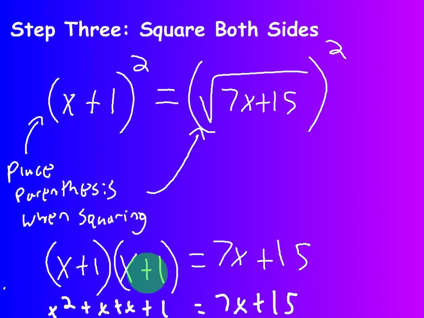And then you have to FOIL. You multiply the first terms, that's the F in FOIL. x times x is x squared. Multiply the outer terms, that's x. I is inner, so 1 times x is x, and 1 times 1 is 1. So you're going to end up with x squared plus 2x plus 1 on the left, and again on the right, the only thing that happens is the square root cancels.